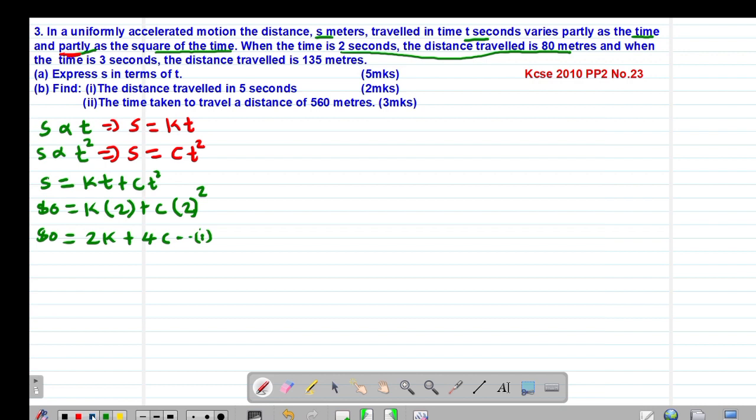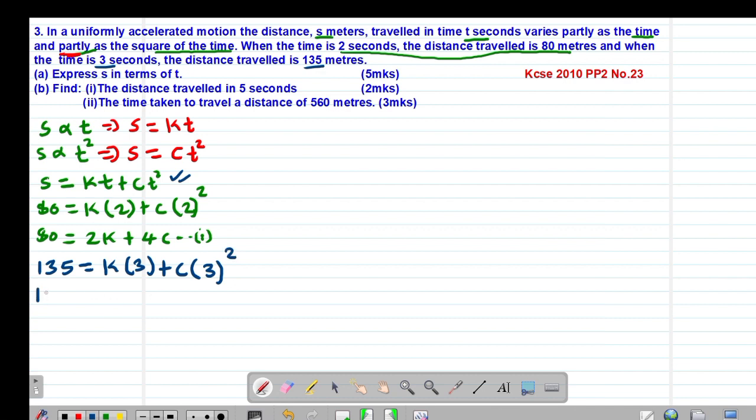Then for the second equation, I'll substitute the other conditions, and we are told that when the time is 3 seconds, the distance traveled is 135 meters. So I'll substitute in the same equation: 135 meters being equal to k into 3, plus the constant c into the time, which is still 3 seconds, but because it is t squared, I'll get 3 squared.